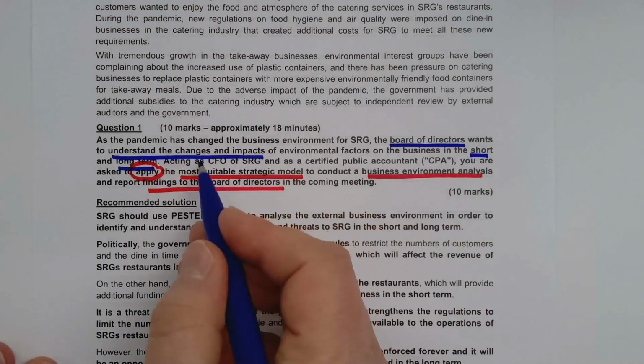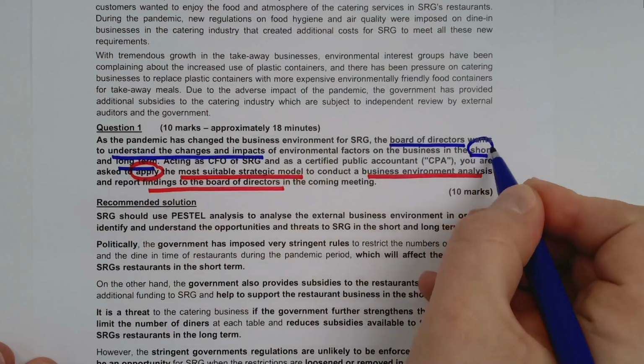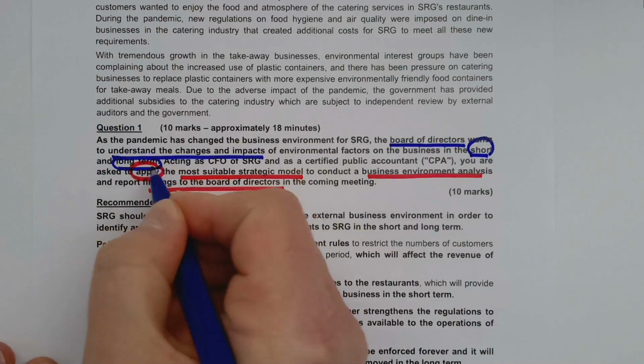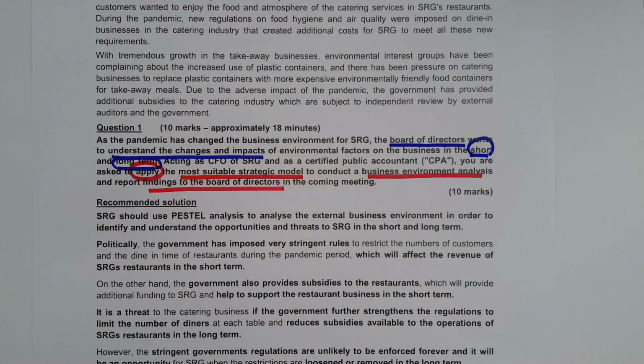They are concerned about the changes and the impacts in the short term and the long term. So when we start putting together here the findings to the board, we need to make sure we're providing them with short term, what's happening now, and longer term, what's going to be happening maybe several years ahead in the future. Notice here, they've said apply the most suitable strategic model.